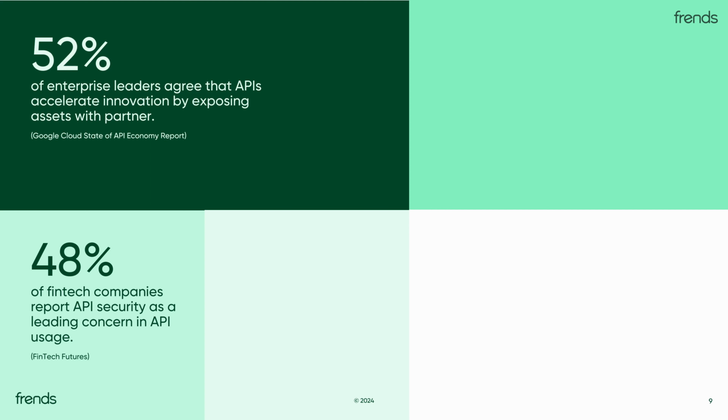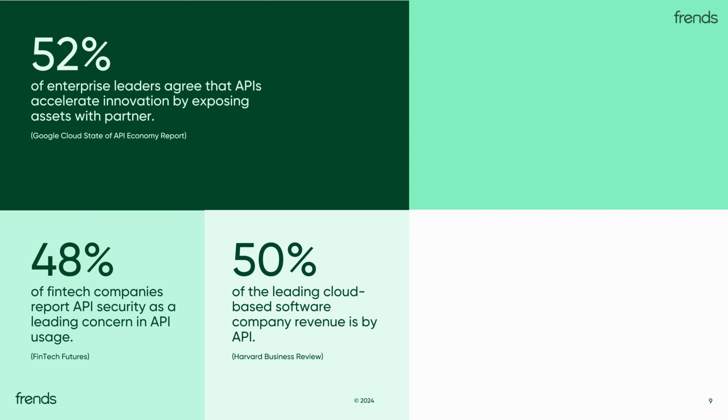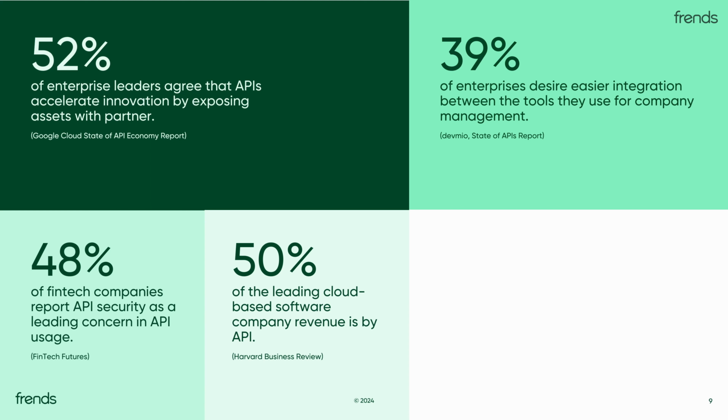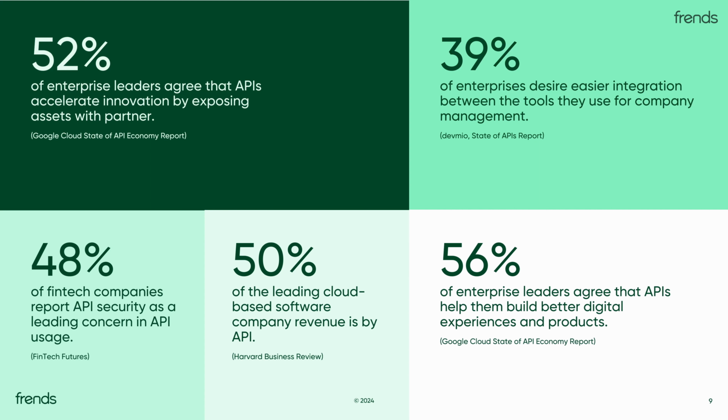We handle the authentication and authorization and all of that side of the APIs. And 50% of the leading cloud-based software companies' revenue comes from APIs, given by Harvard Business Review. And 39% of enterprises desire easier integration between the tools they use for company management. And 56% of enterprise leaders agree that APIs help them build better digital experiences and products.